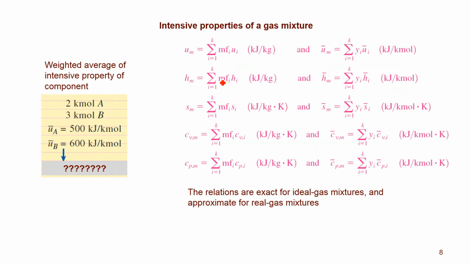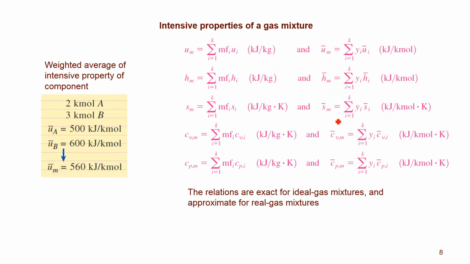When you are calculating the weighted average, you have to consider the units of the intensive property that you are considering. If the units of the intensive property are given as per kilogram, you have to use the mass fraction. On the other hand, if the unit is given as per mole, you have to use the mole fraction.